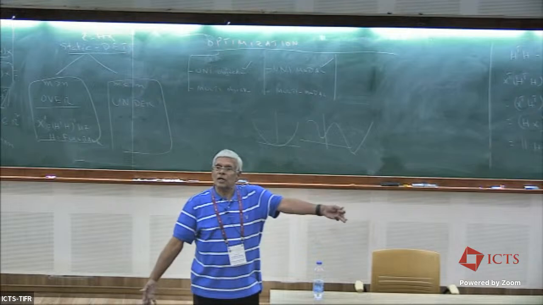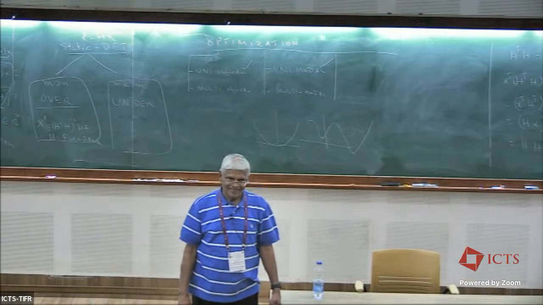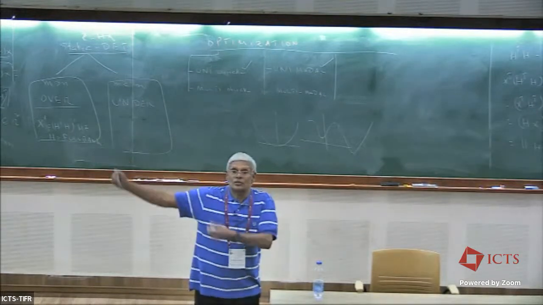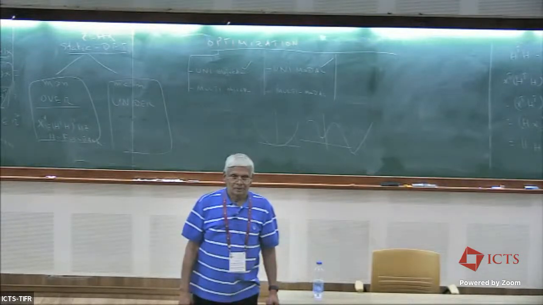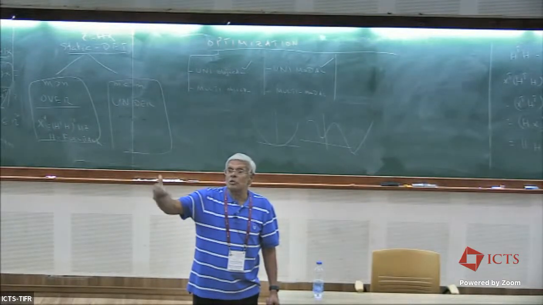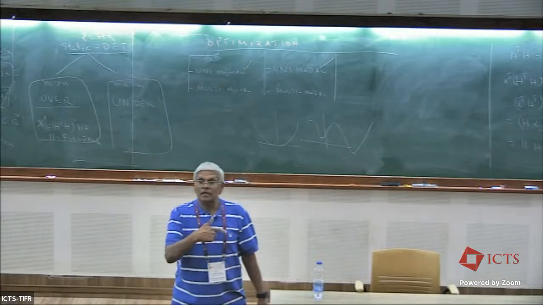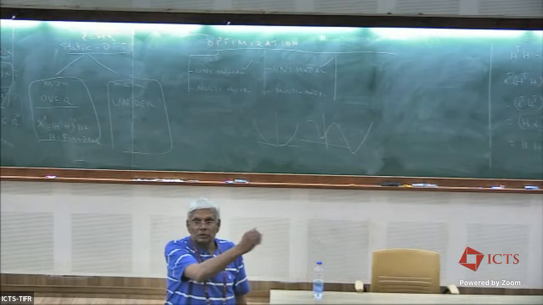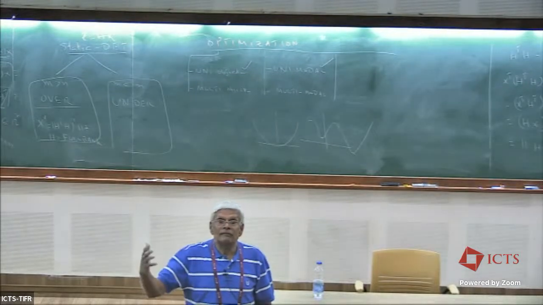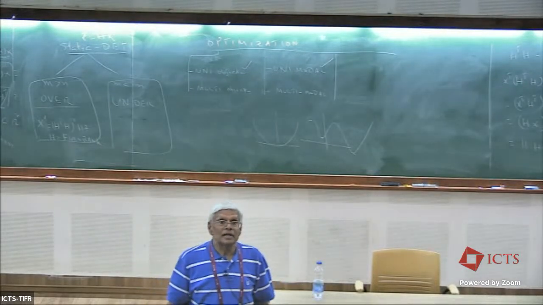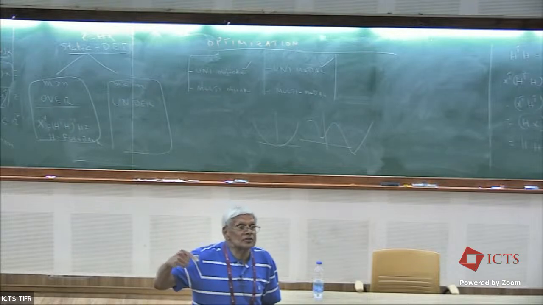If M is large, we call it a large data problem. If N is large, we call it a large data problem. So a problem can be large because the number of parameters is large. I have a friend who works in the Institute of Science. Dr. Maitli knows him very well. They have a climate model where there are 69 parameters in the model.